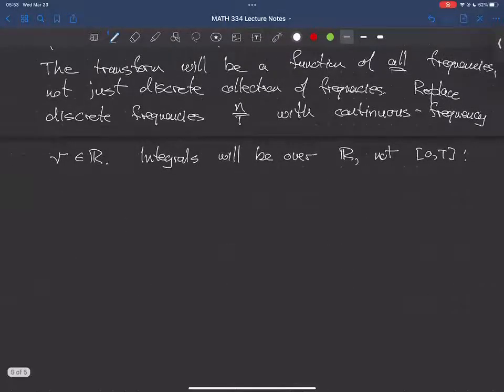And so therefore, we're going to think of the transform as a function of frequency. It's going to be the integral over R of f of t e to the minus 2 pi i nu t dt. Okay.